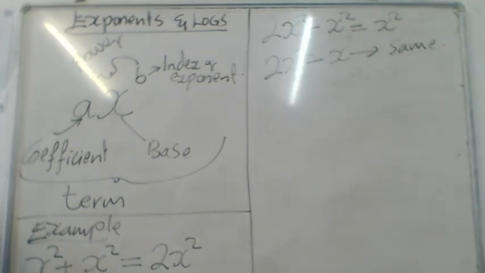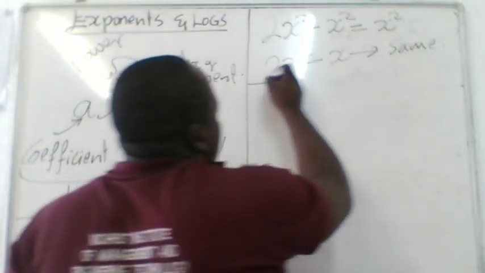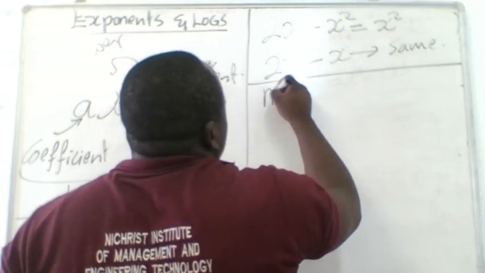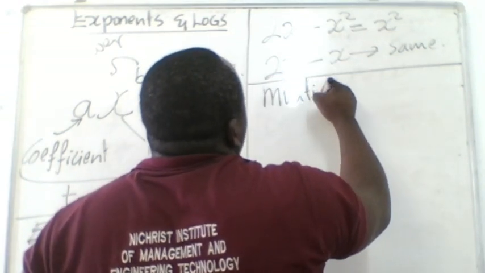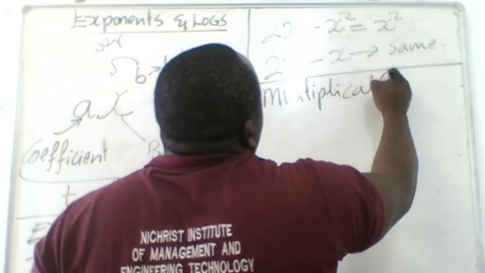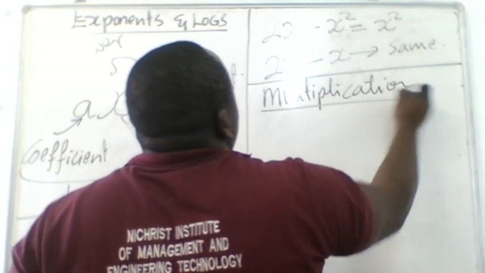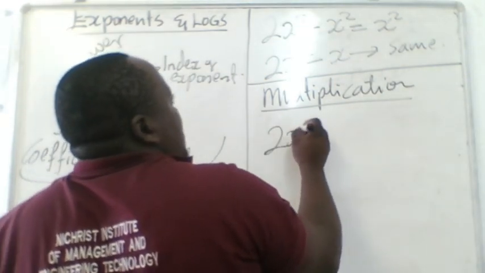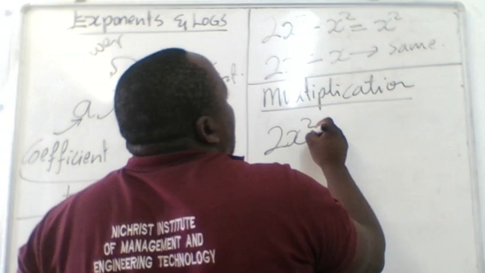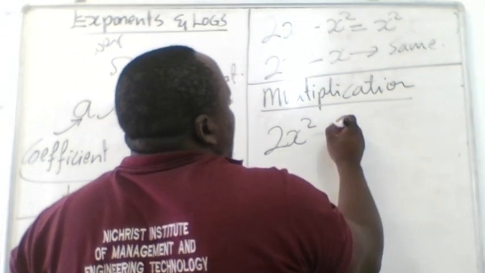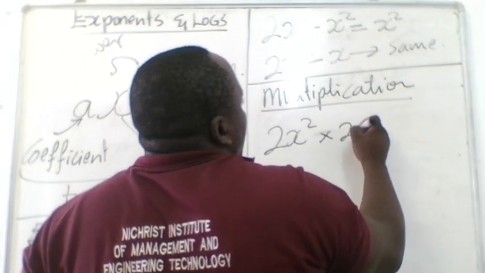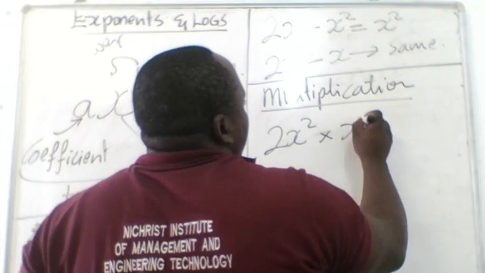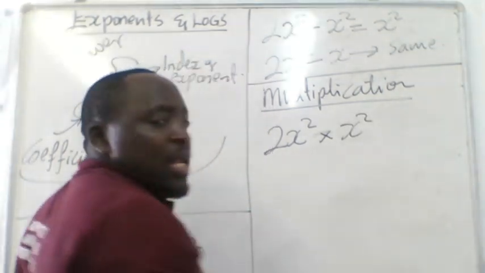Now, what if we are multiplying these exponents? We come to multiplication. If I say 2x squared times 2x squared, what does it mean?